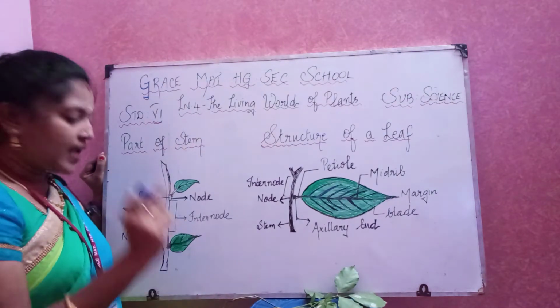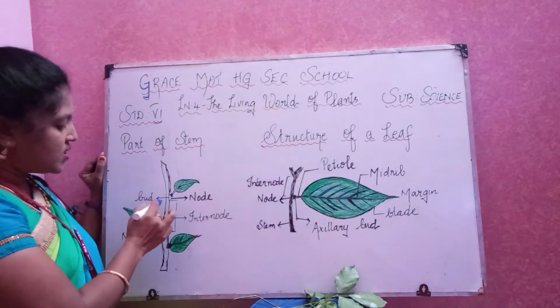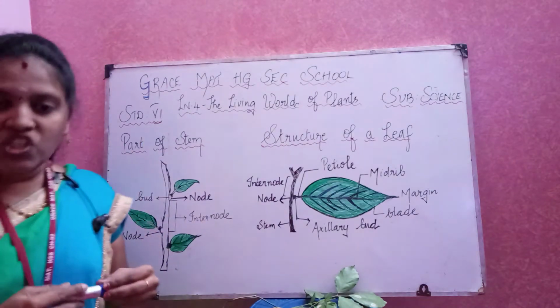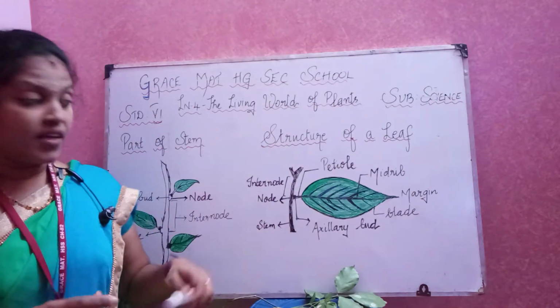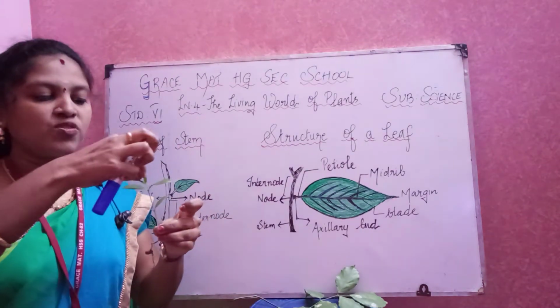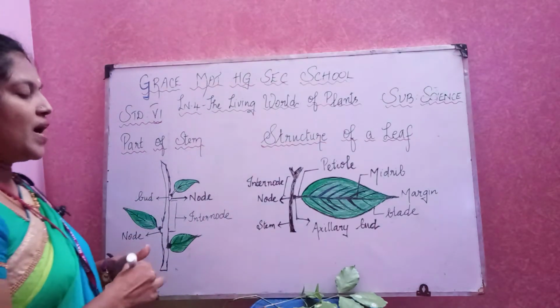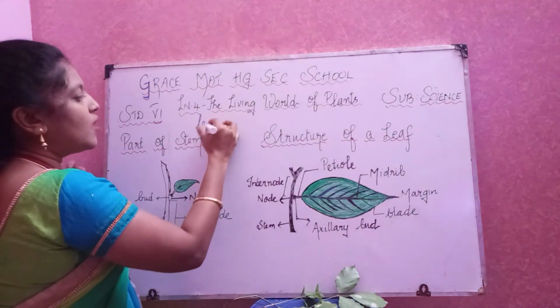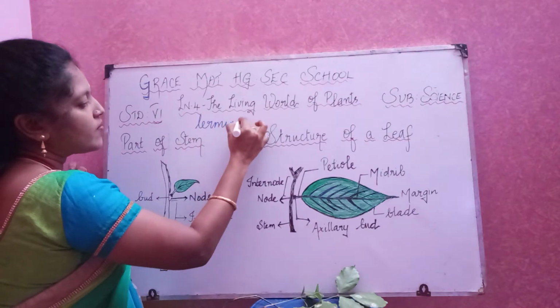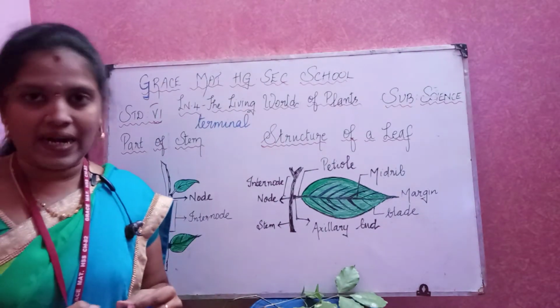Okay, children. Next, we'll move on to the buds. You all know what a bud is, right? The bud which can be seen at the tip part, if you see a bud here, is called the terminal bud.